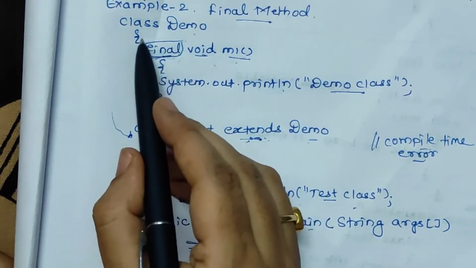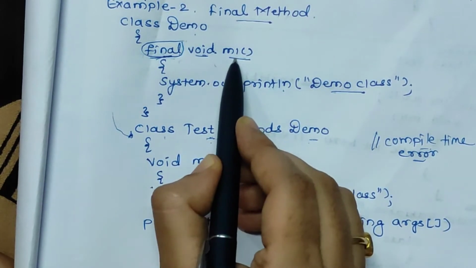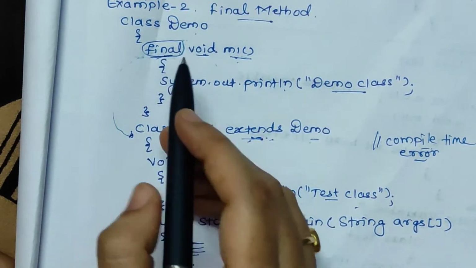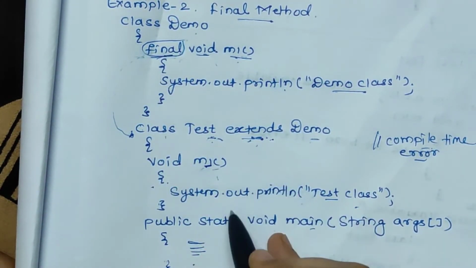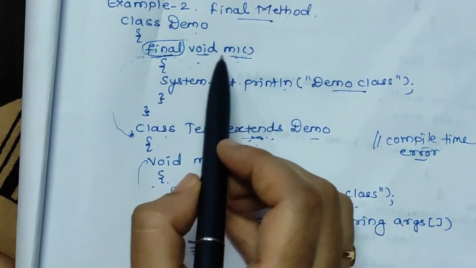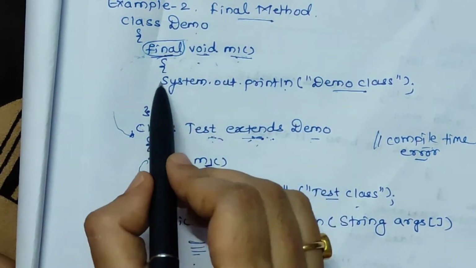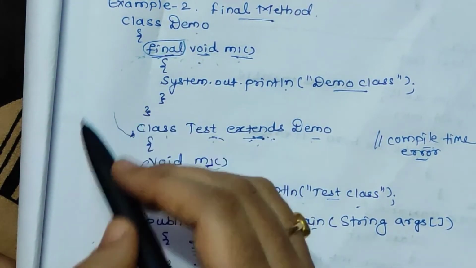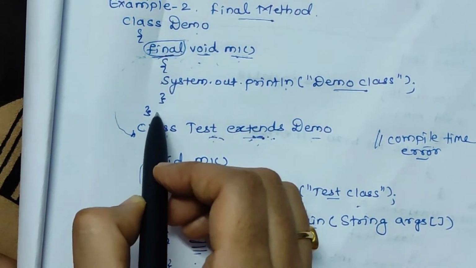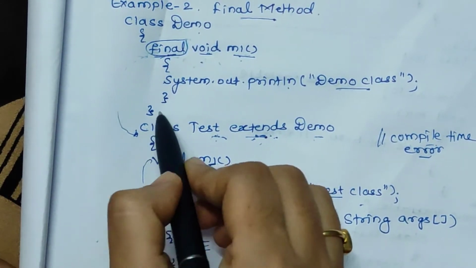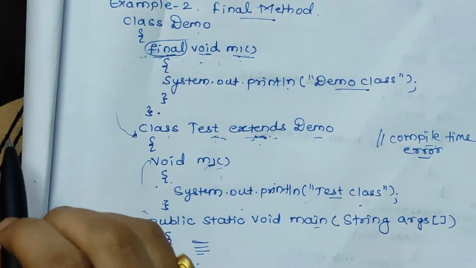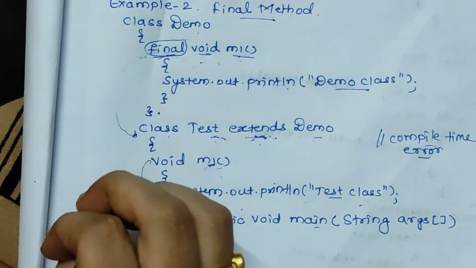If you are using the final keyword before a method, it will prevent inheriting that method in another class, or we can say it will prevent overriding that method in another class. So if you want that your method should not be used anywhere in other programs or other classes, you can use the final keyword so that it cannot be used by any other program. So this is the basic idea behind the final keyword which can be used before a method.